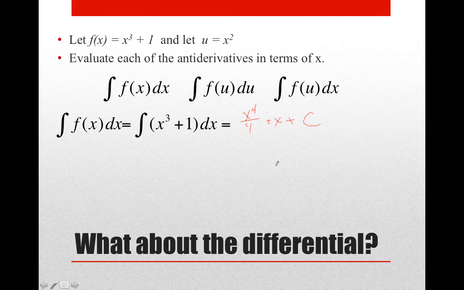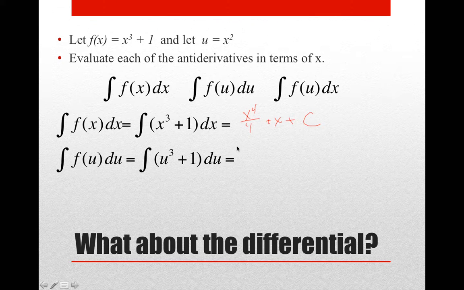But as the question states at the bottom, what about something like this? If I want to do f of u du, that means the statement in my integral has to have a variable u, and that's what I'm integrating with respect to. So f of u is just going to be u to the third plus 1.